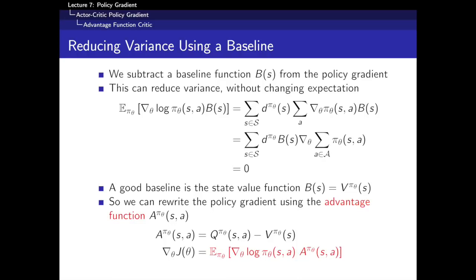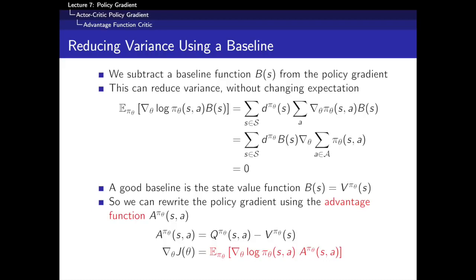This tells us how much better than usual it is to take action A. We look at the q value of action A, which tells us how good it is to go left if I'm in a particular state, compared to how good it is to be in that state in general. That tells us how much more reward than usual I will get if I take a particular action. Intuitively, that's just the right quantity to use in our update. So we call this thing A, the advantage function.